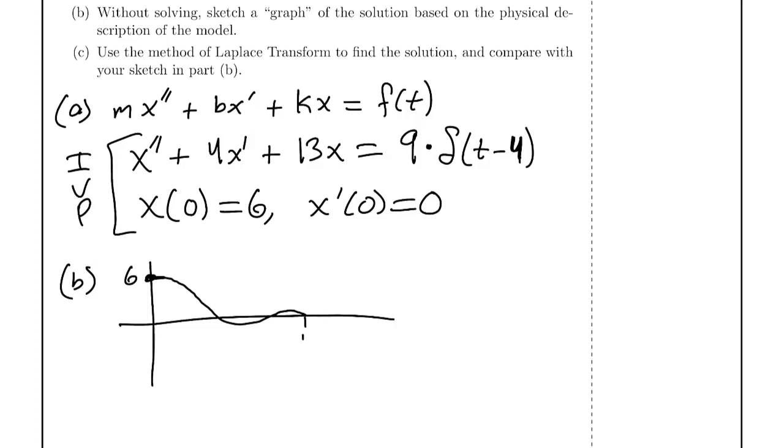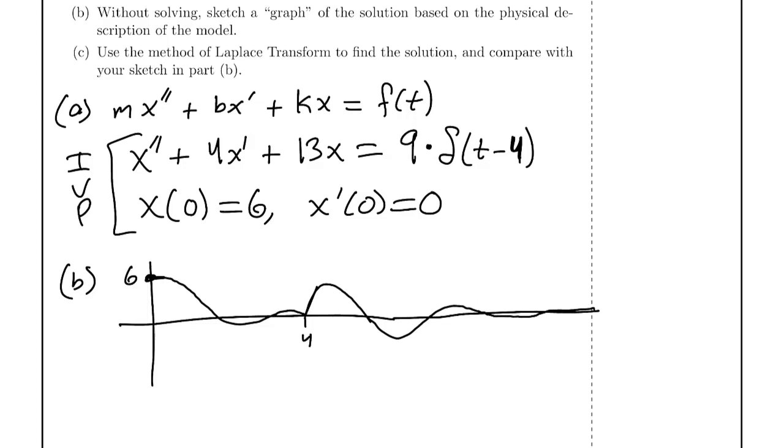But then at t equals 4, we have an impulse force of 9 newtons. That's going to shoot the graph back up, and then it will decay back down to 0 thereafter. And this is just a rough sketch. I don't know exactly what the period is, so you could probably do a slightly better sketch than this. I should be a little more consistent, but something like that.